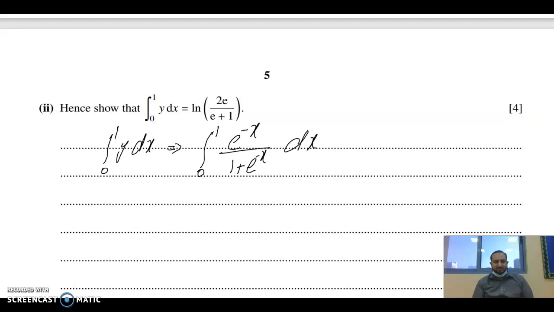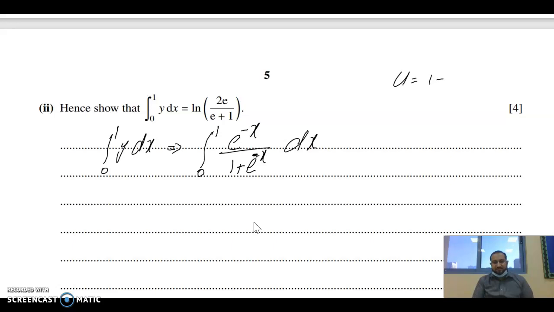So we need to substitute the value. We can see over here that 1 plus e to the power of minus x is in the denominator. So we need to integrate this. If we are integrating this, for the denominator we have to have its derivative on the top. You can see it directly, or else you can use u substitution.